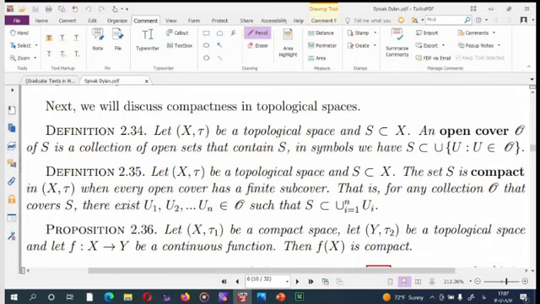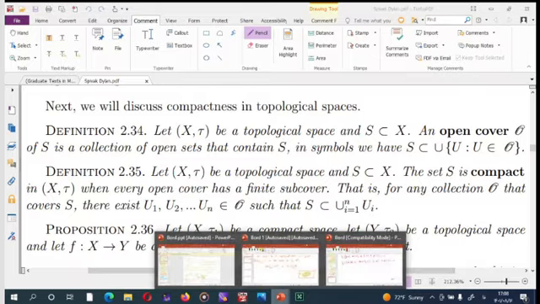For any open collection, all of these must be open. Every open cover has a finite subcover. We call this a subcover.